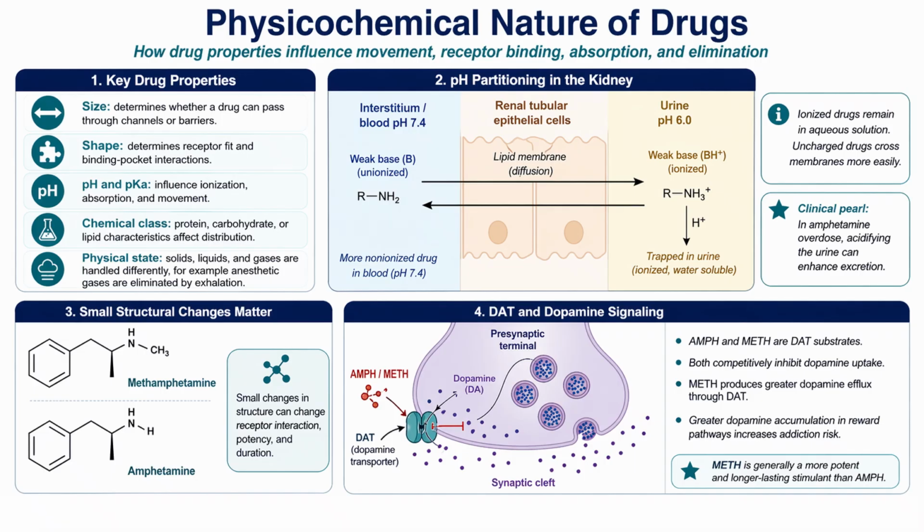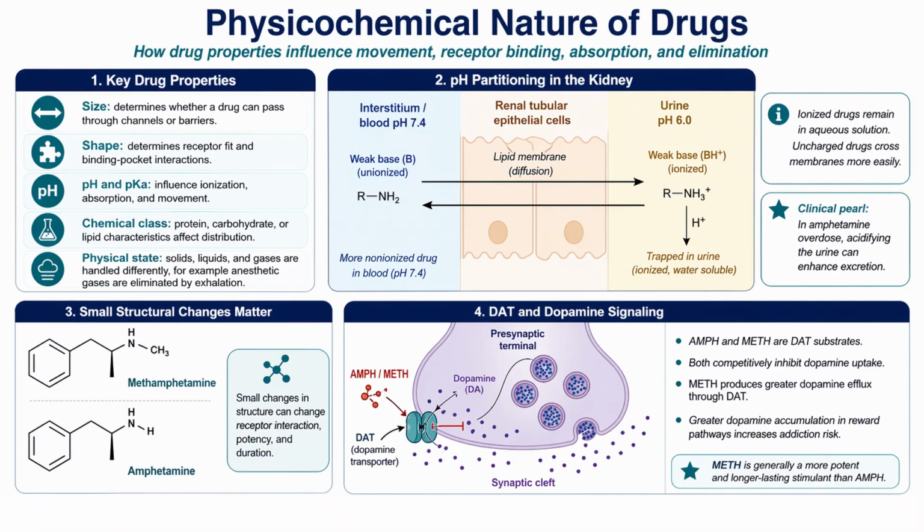In other words, less is being cleared out. Methamphetamine generally produces a greater dopamine efflux through this transporter than amphetamine does. So methamphetamine tends to have a more potent and longer lasting impact on dopamine in the system. The greater dopamine accumulation, especially in reward pathways, including the nucleus accumbens, contributes to reinforcement and addiction risk.